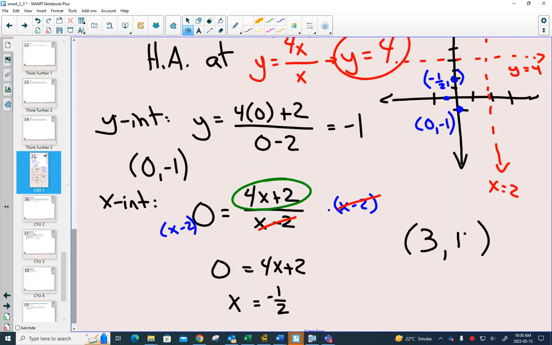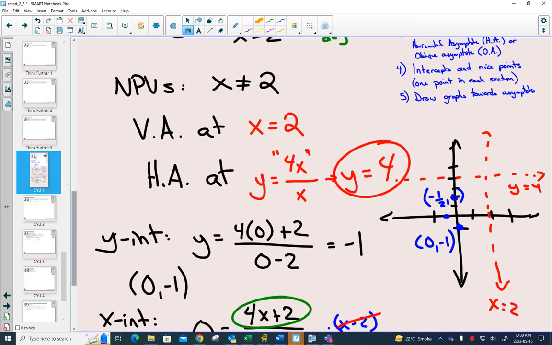If I plug 3 into the original equation, I get the point (3, 14). I go up somewhere on my graph, approximately to scale, and label (3, 14). Once you have 1 point per section, you are now able to draw the graph.